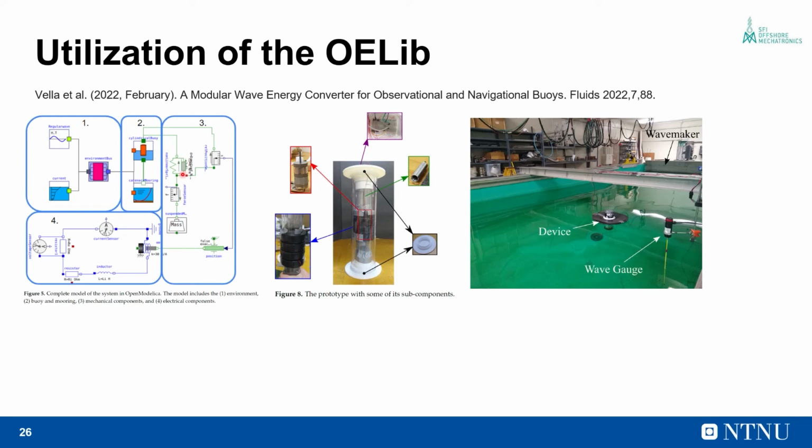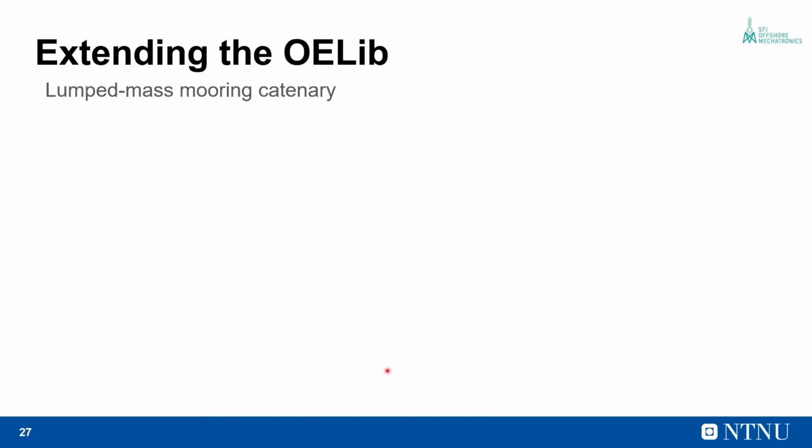They extend it by using other component models to arrive at a design of a wave energy converter buoy, which can be used in navigational signaling. They develop the model and they test it in a wave tank and ascertain its satisfactory performance.